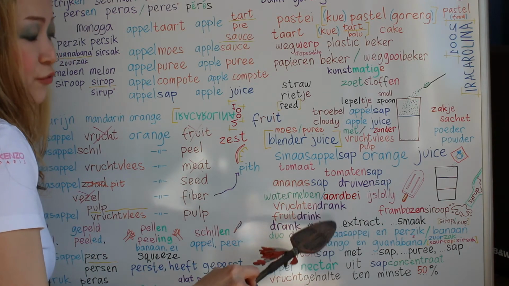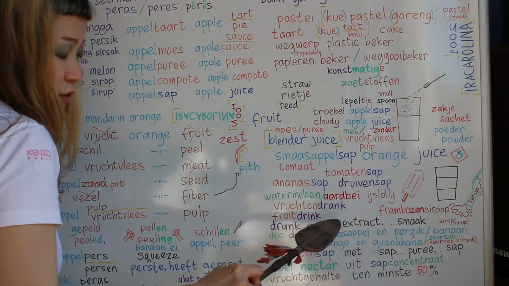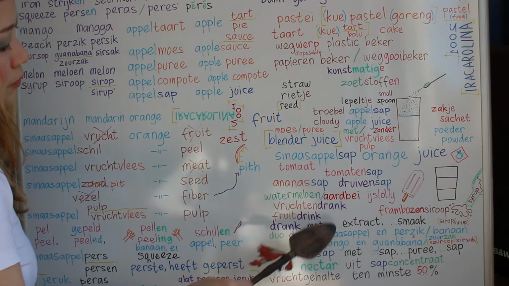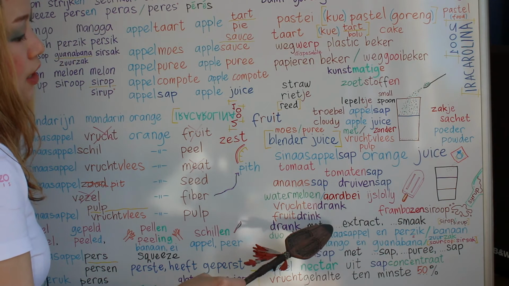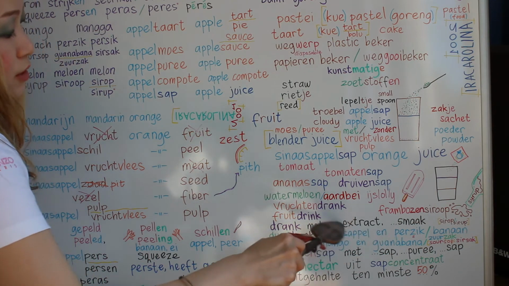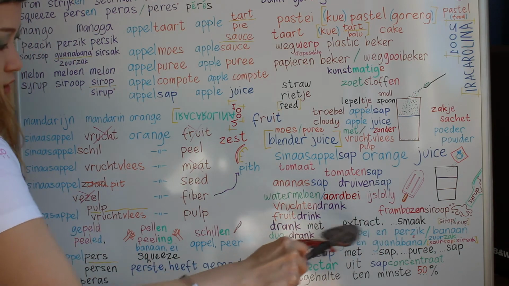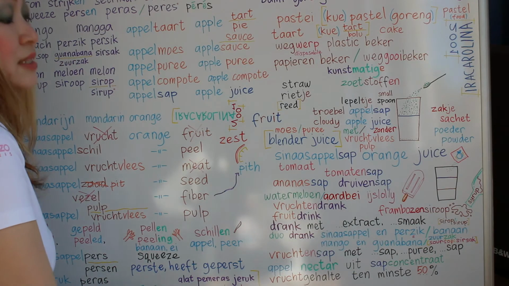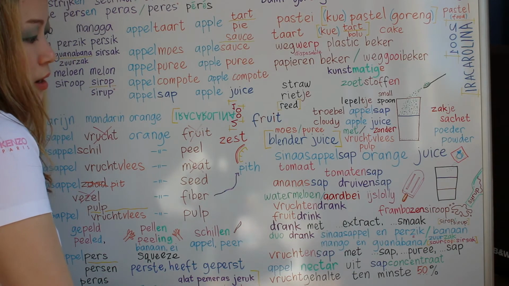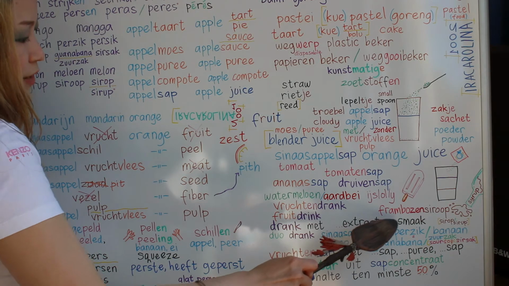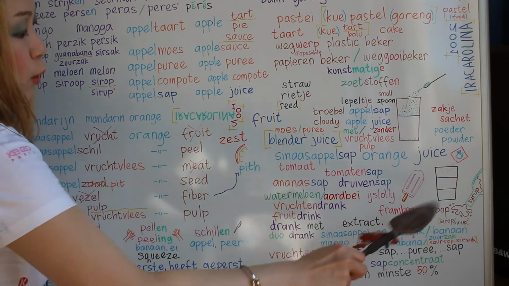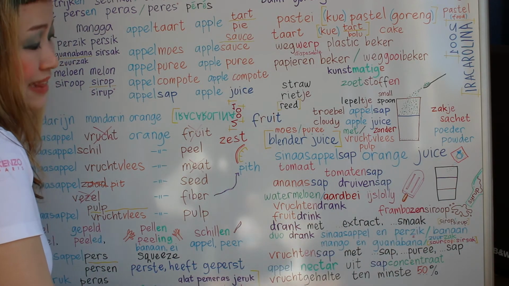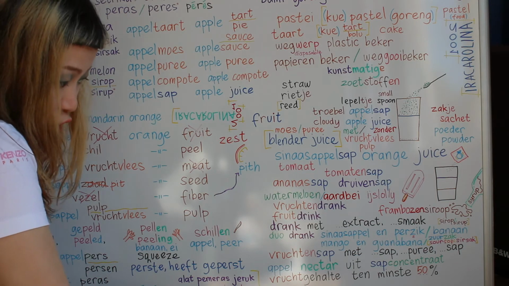You put fruit here, any kind that you think will make the drink. It will be one word together with this one, extract. And you put the fruit, any kind of, with this one, smaak, taste or flavor.